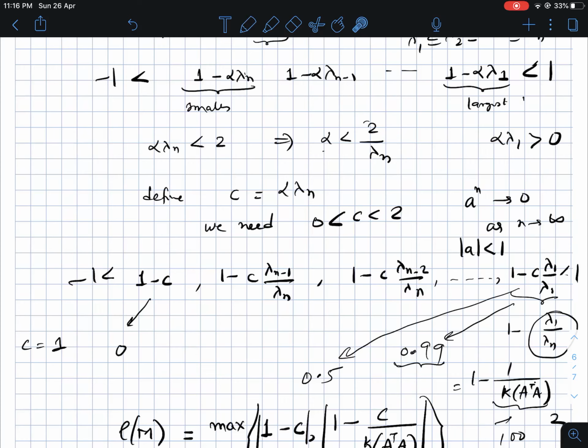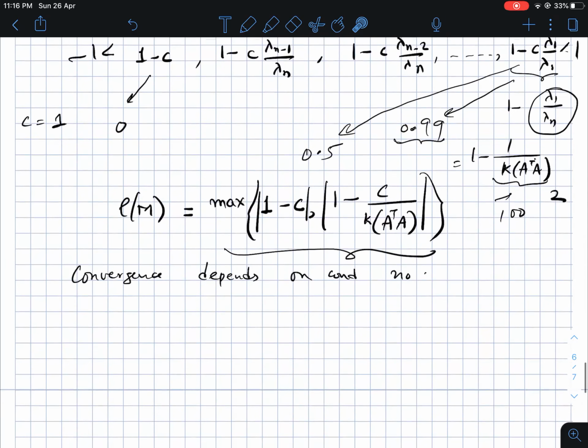Don't make C to be 2, right? But then this quantity I have no control over, it depends on the condition number of the matrix. This whole thing can still end up being very close to 1, and thus making the spectral radius of M close to 1 and slowing down the convergence of gradient descent. Okay, so convergence depends on the condition number of A transpose A. Okay, smaller the condition number, faster the convergence.